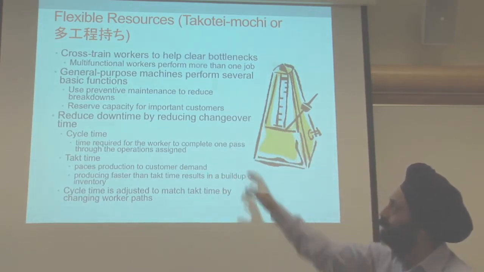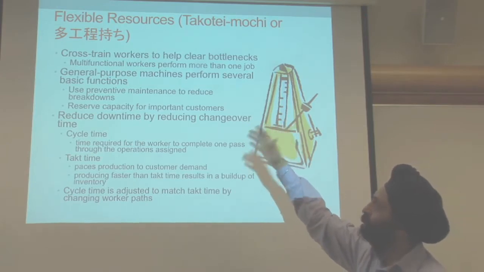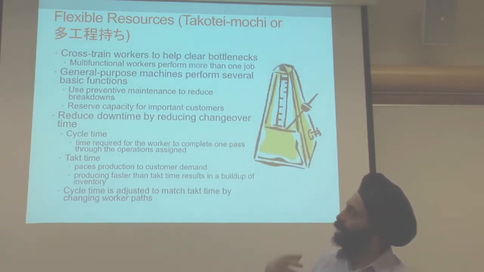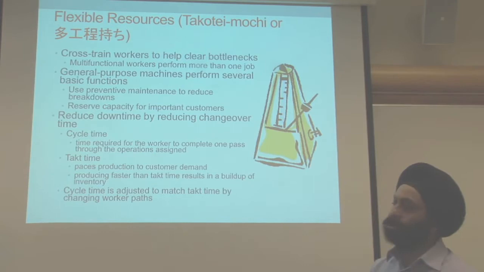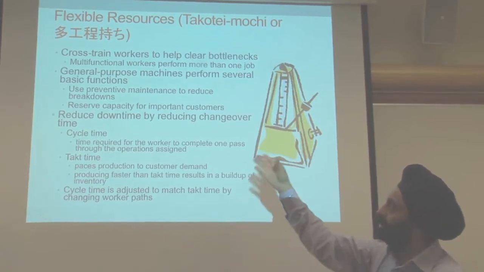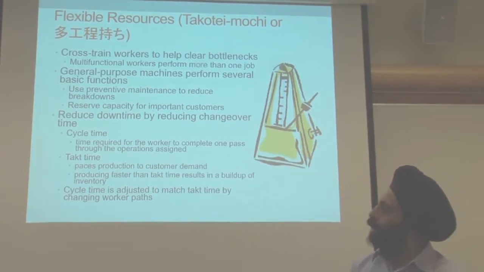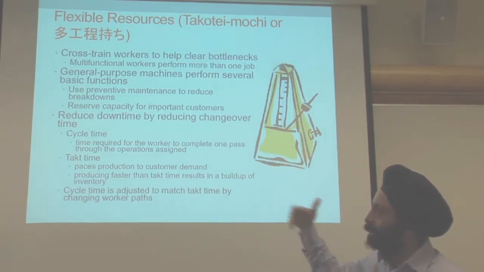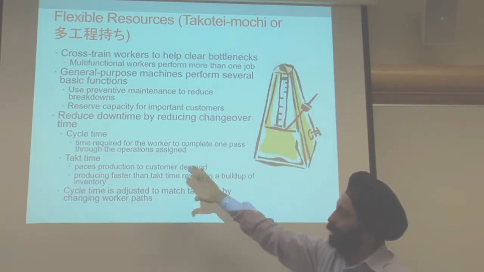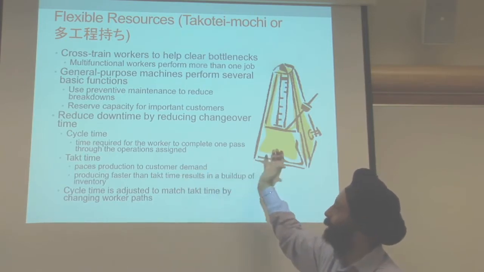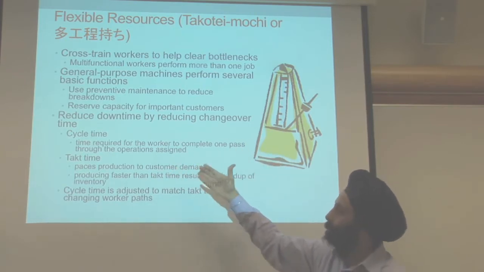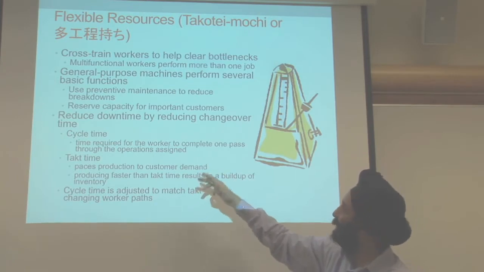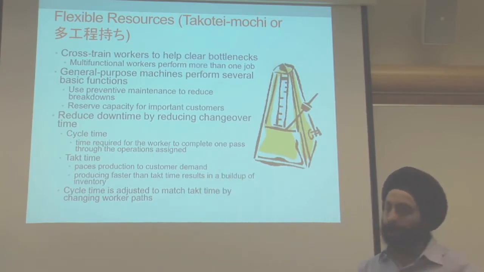A general purpose machine performs several basic functions, and preventive maintenance is used to reduce breakdowns, and reserve capacity for important customers this way. Reduce downtime by reducing changeover time, and the 2 ways to approach that are cycle time, the time required for workers to complete one pass through the operation assigned, and takt time that was alluded to earlier.